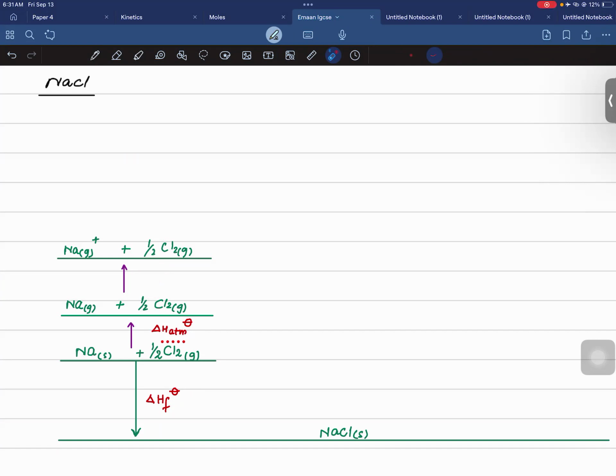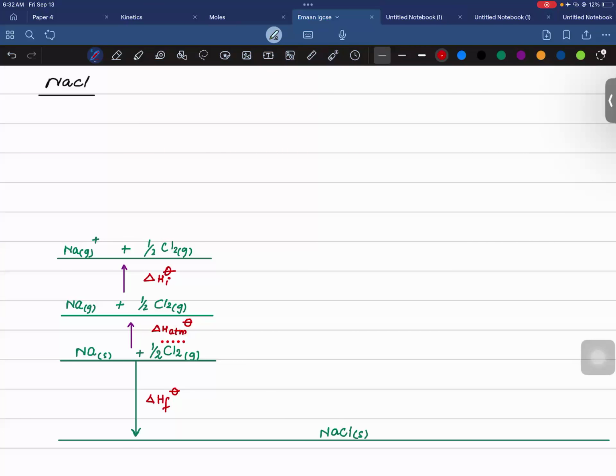No, sir, no. This is ionization, because it goes from gas to cation. Enthalpy change of ionization, from gas to cation.